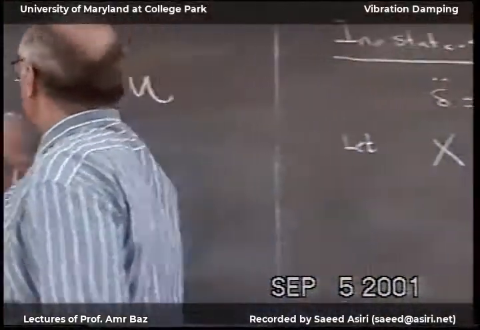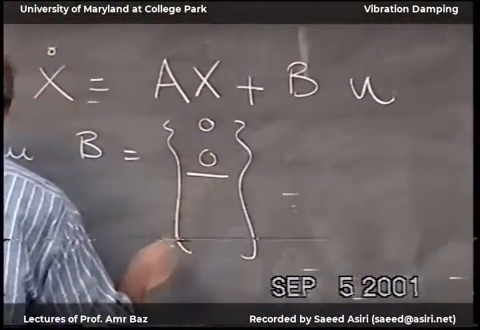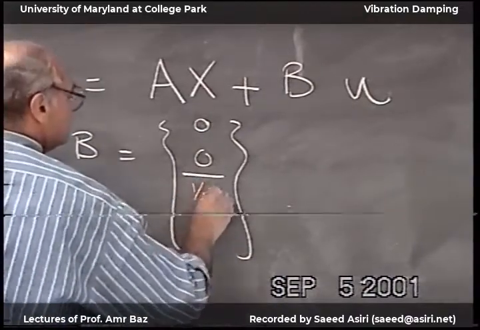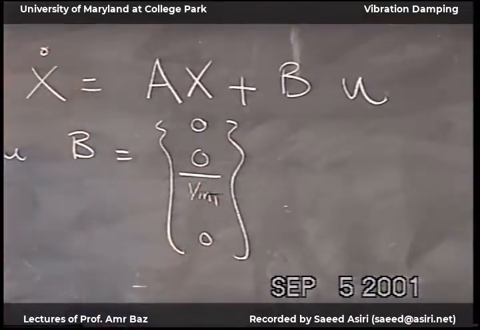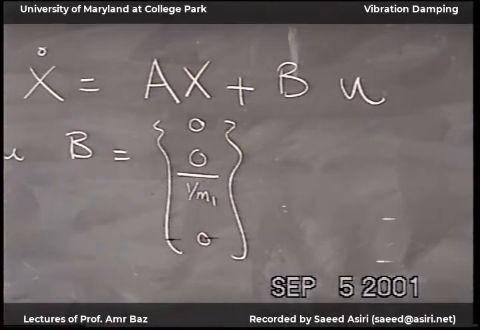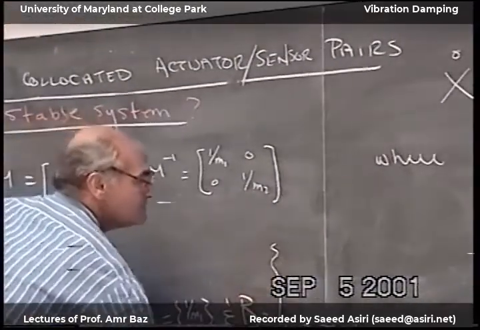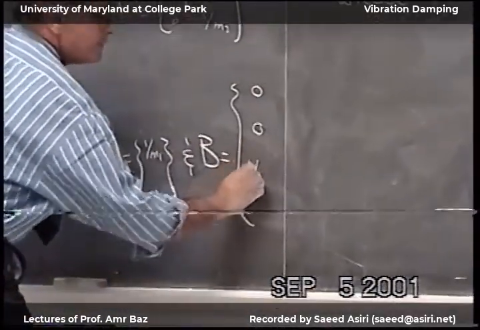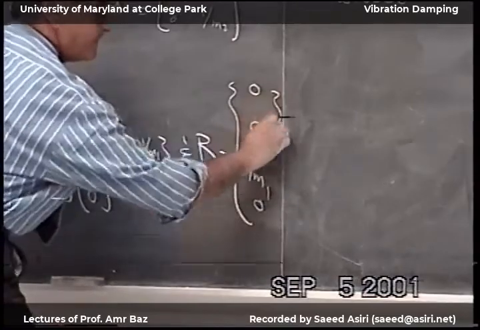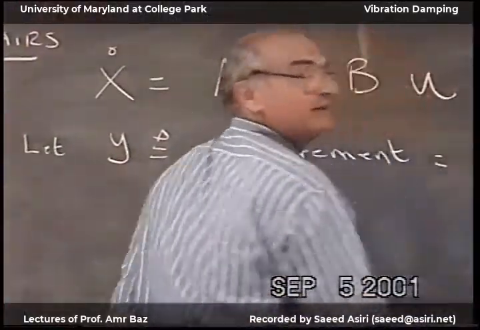So I have here 0, 0, and then 1 over m and 0. Okay, and I'm just going to put here B is equal to 0, 0, not all the x, not all the x.